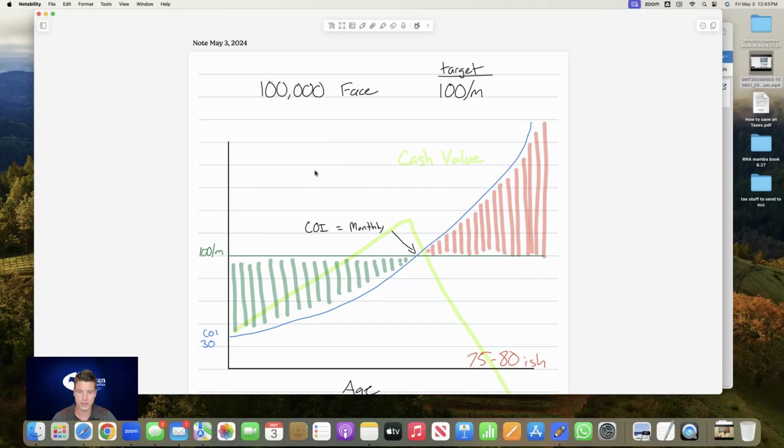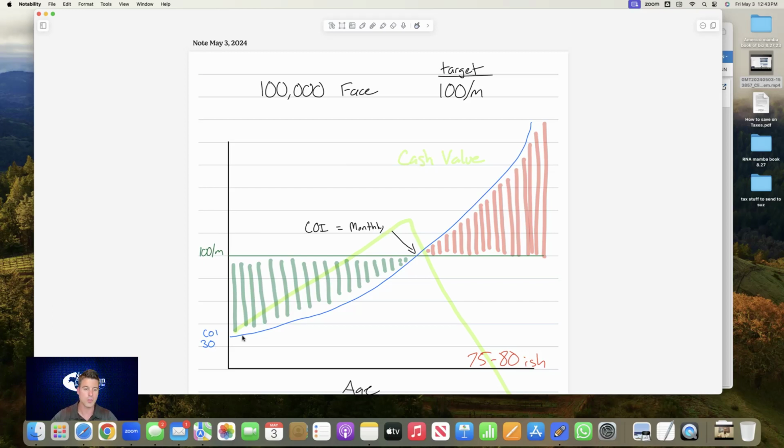It doesn't have an age, but let's just say cost of insurance is 30 the year they take it out. The cost of insurance, guys, and there are also other fees associated with it, but the cost of insurance is basically the amount of risk the insurance company assumes to insure that person at that age for that amount.